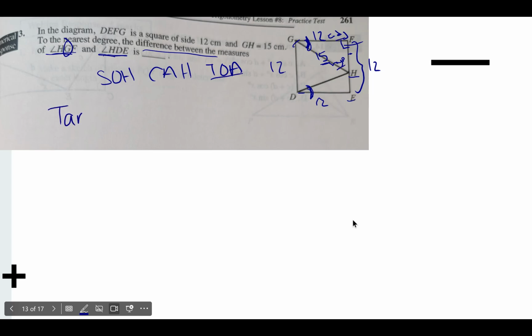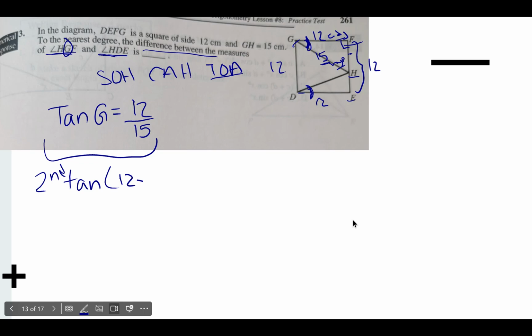So tan of angle G will equal adjacent, which is 12, divided by 15. So we'll get that first, and just that reminder, you would hit second tan, and then open your bracket, 12 divided by 15. So that's the first one to get the angle for G.